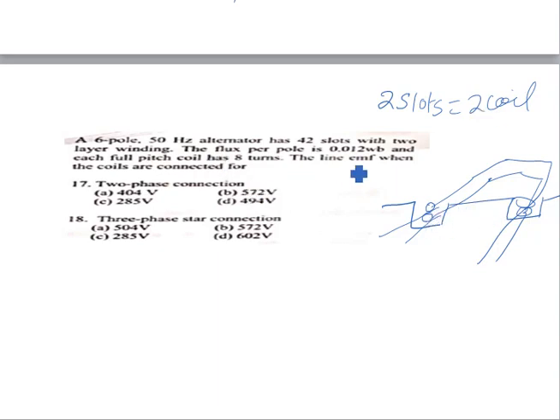The flux per pole is 0.12 Weber and each full pitch coil has 8 turns. Find the line to line EMF when the coils are connected for two phase connection and three phase connection. The options are given here. You try it by yourself and give your answer. I expect people should answer this. Remember there is a two phase.